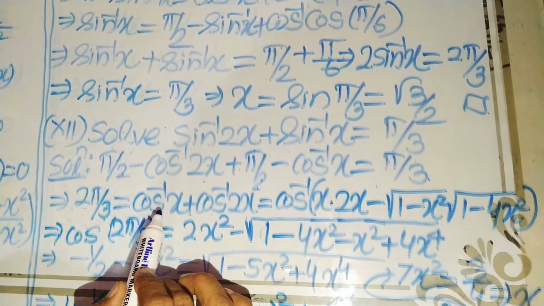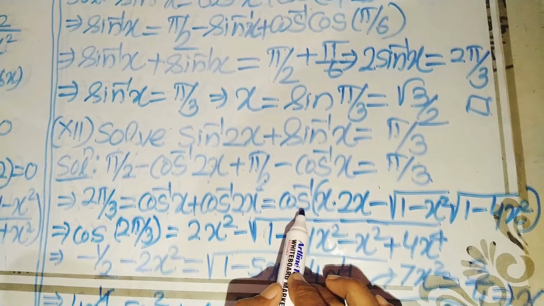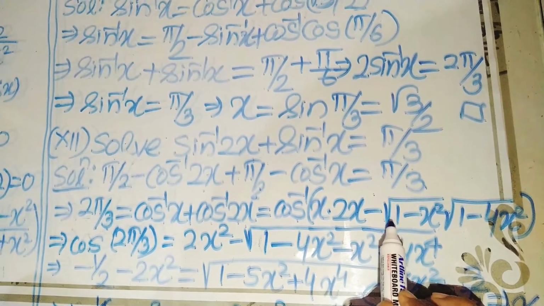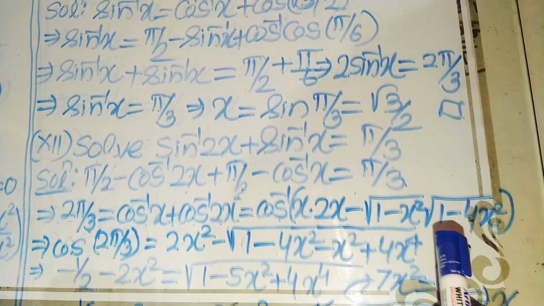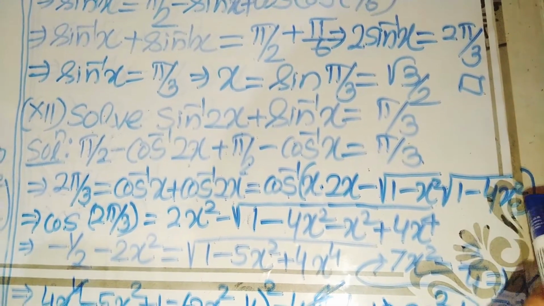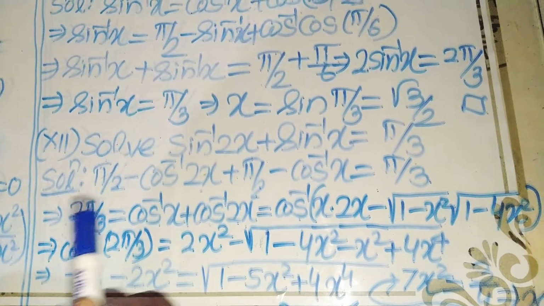You know the formula for cos inverse x plus cos inverse y is equal to cos inverse of x into y minus root over of 1 minus x square into root over of 1 minus 4x square. Then our cos inverse can be taken to the left side.